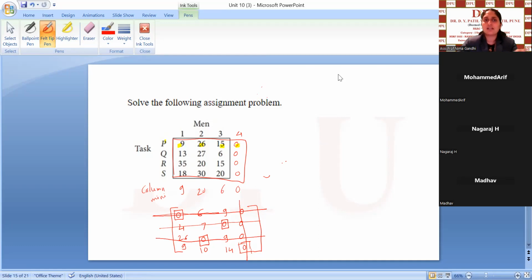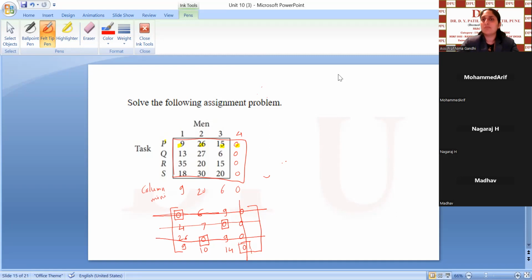So these are the tasks P, Q, R, S. Worker 1, if he is completing task P, is spending just 9 rupees. Worker 2 is spending 26 rupees for the completion of the same task P. Worker 3 is spending 15 rupees for the completion of task P.